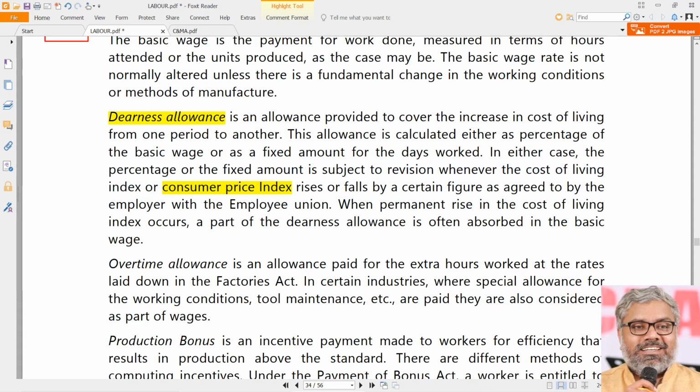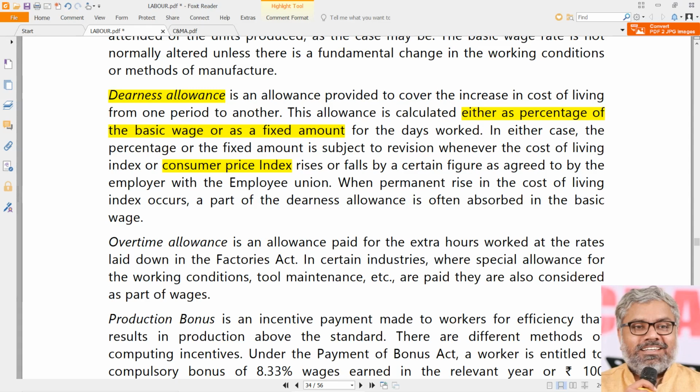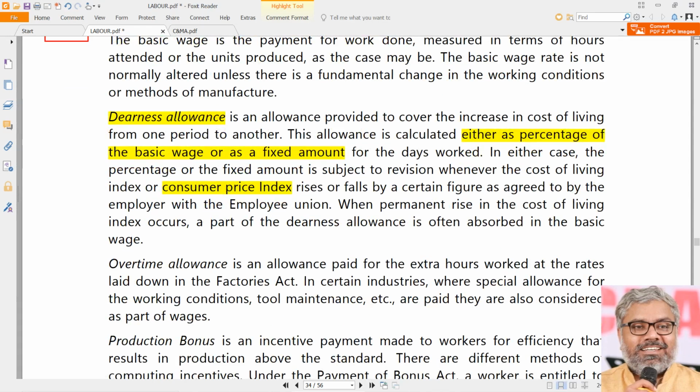But we are not going to fix any of them, so we don't need to worry about how DA is fixed. But DA is fixed on the basis of the consumer price index. That at least we can know. And it can be a percentage or a fixed amount, according to the policy of that company. But what is the dearness allowance's purpose? Basically to meet the additional cost of inflation. That is the allowance given by the employer to the employee.